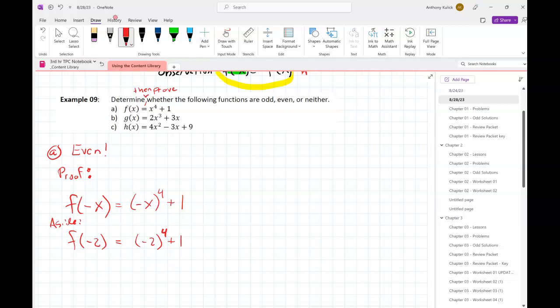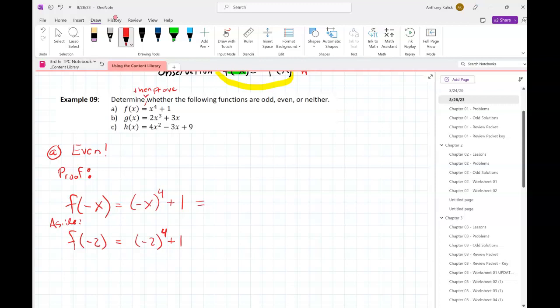Okay. No. So, I've done the hard part now. All I'm going to do is a little bit of simplification. What's negative x to the fourth power equal to? How do I simplify that? What does it mean to be to the fourth power?